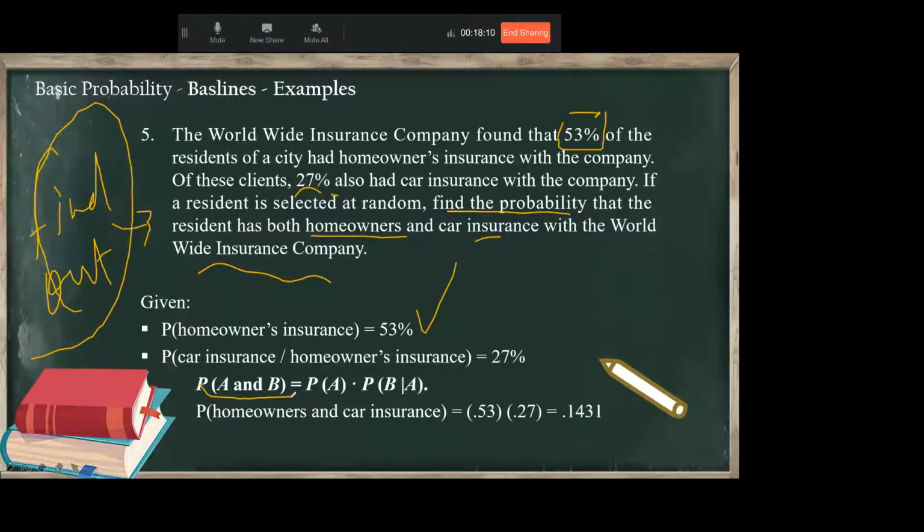So A and B here is the probability of the residents who own the home insurance times the probability of residents owning the car insurance given that they also have homeowner insurance. So simple, just multiply because both are given.